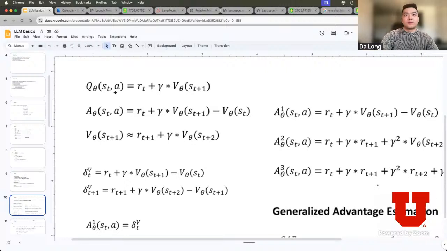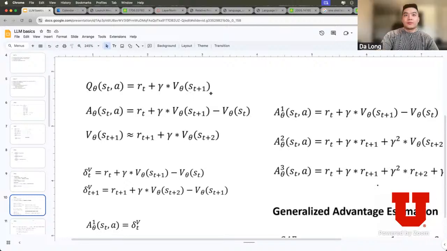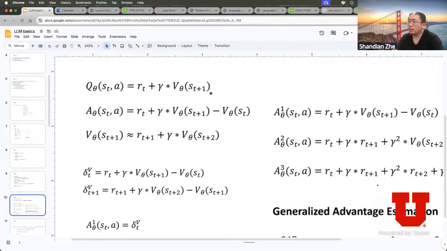But how do you know s t plus 1? Given s t and a, you immediately know what the state s t plus 1 will be.